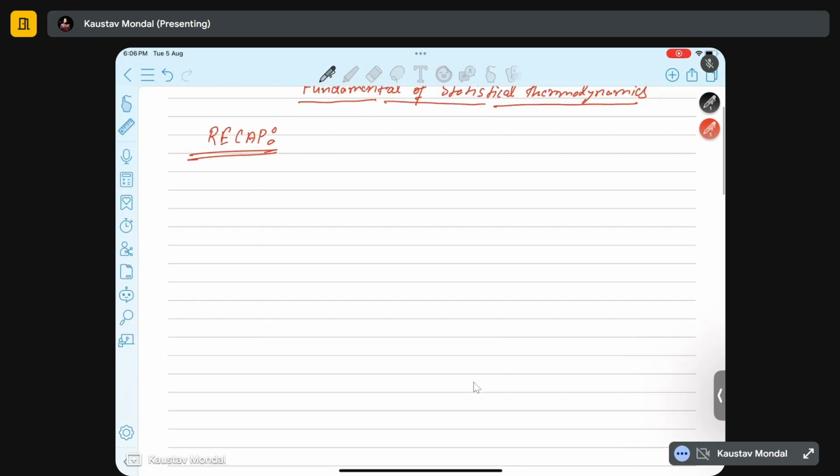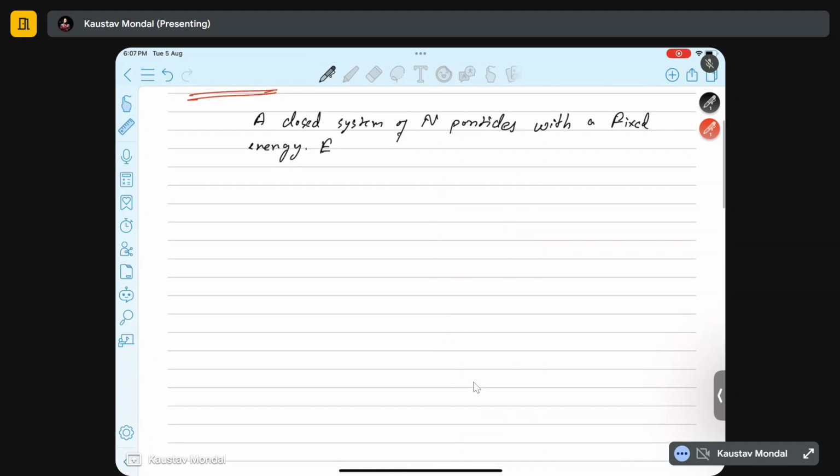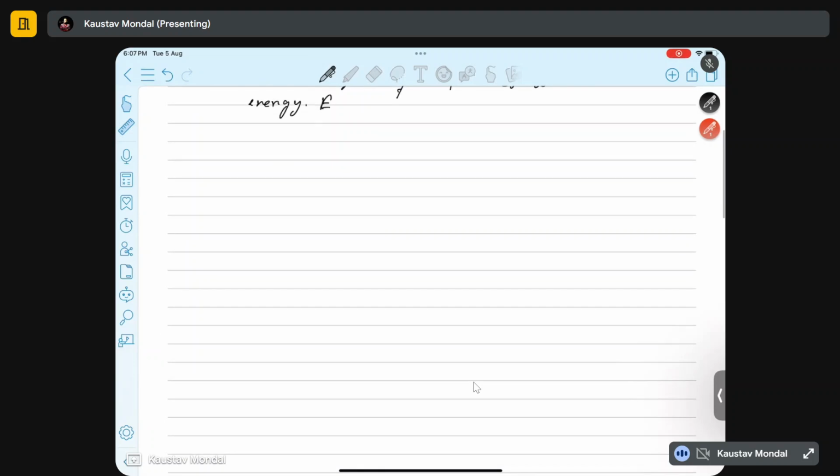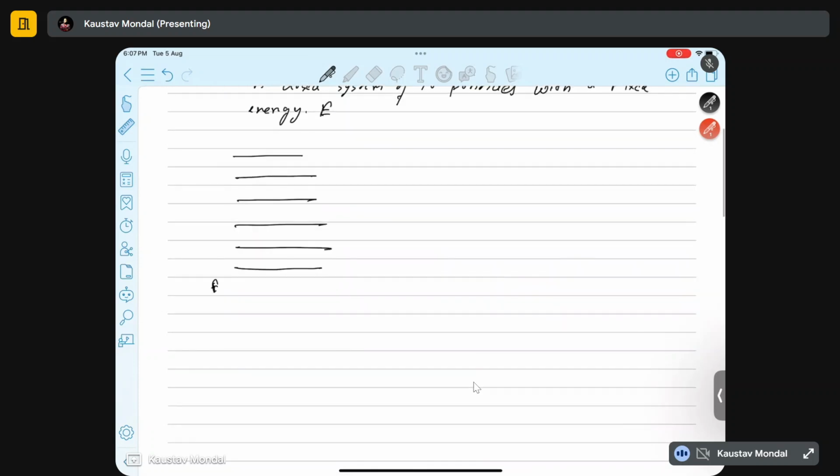So in our previous discussion, consider a closed system of N particles with a fixed energy E. Let's suppose these are the different energy states: E0, E1, E2, E3, E4.